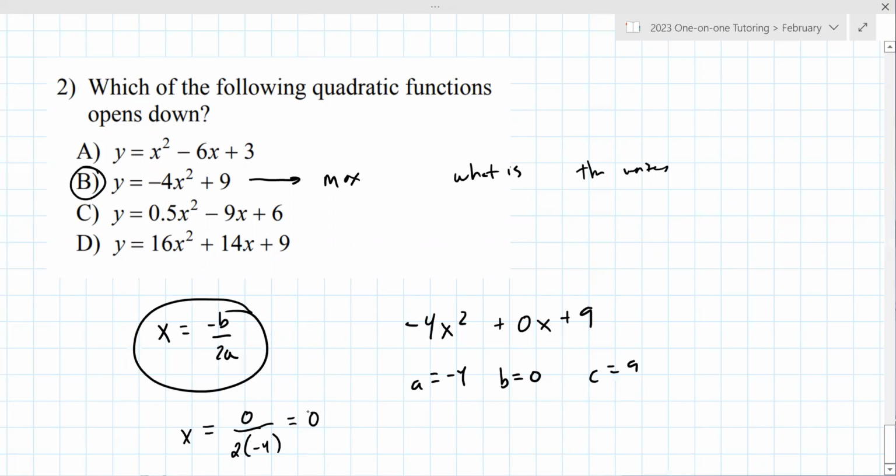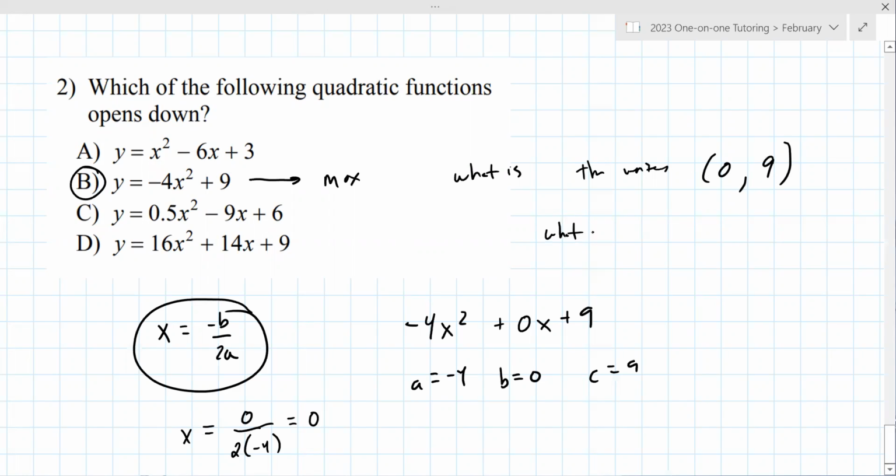So the vertex is 0, something. Now to find the y value, what do you do? You plug 0 in. So then y equals 9. Very good. So the vertex is 0, 9.